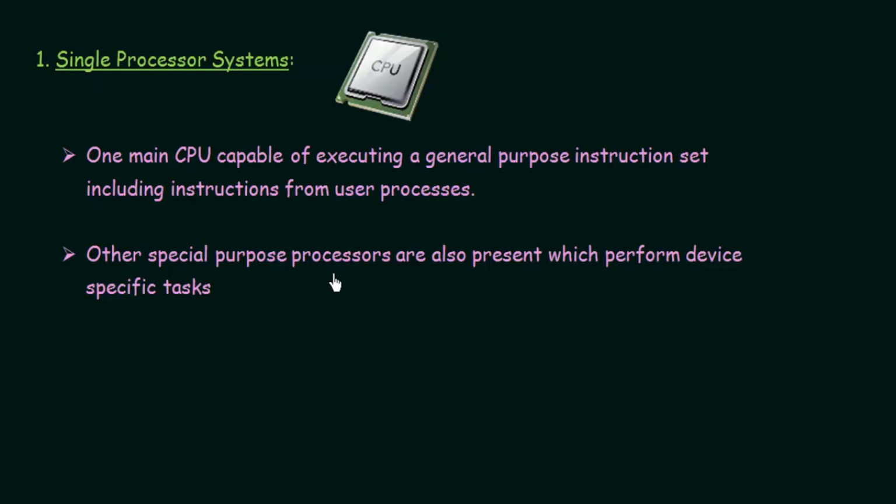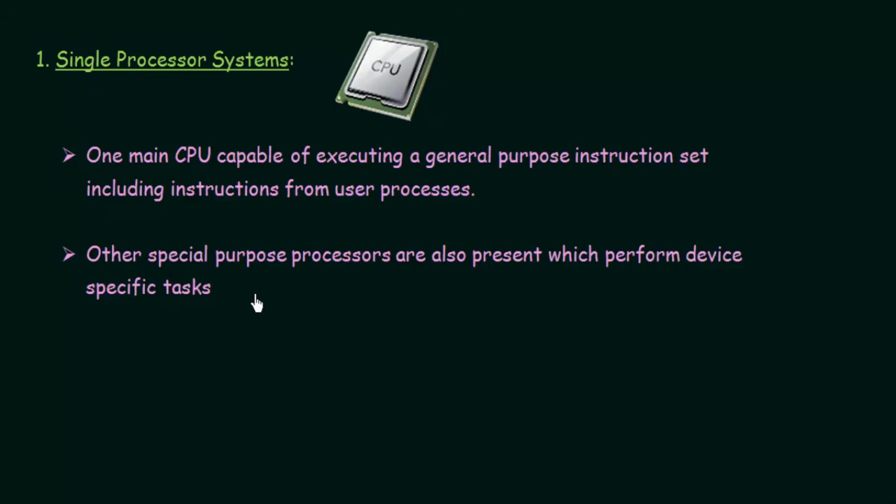Yes, that is right, but the answer is that we name these processor systems based on the number of general purpose processors that we have. Even though there are special purpose processors which perform small tasks specific to the devices, since we have only one general purpose processor, we call it a single processor system.